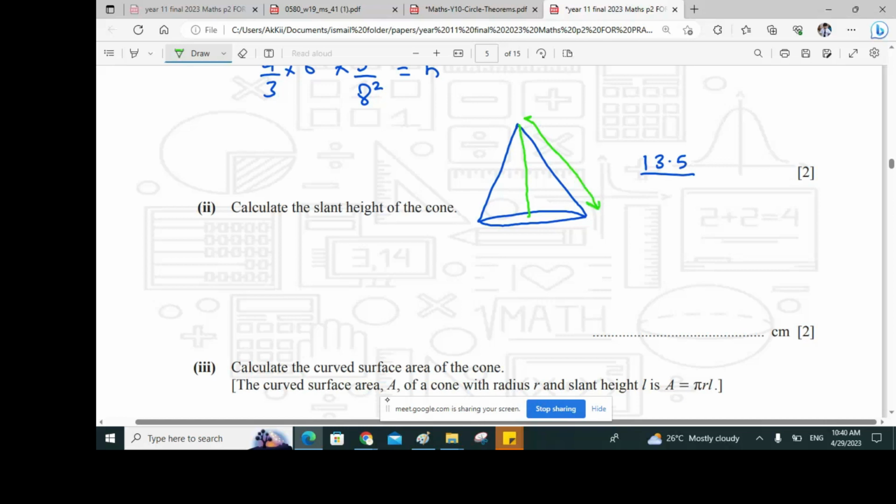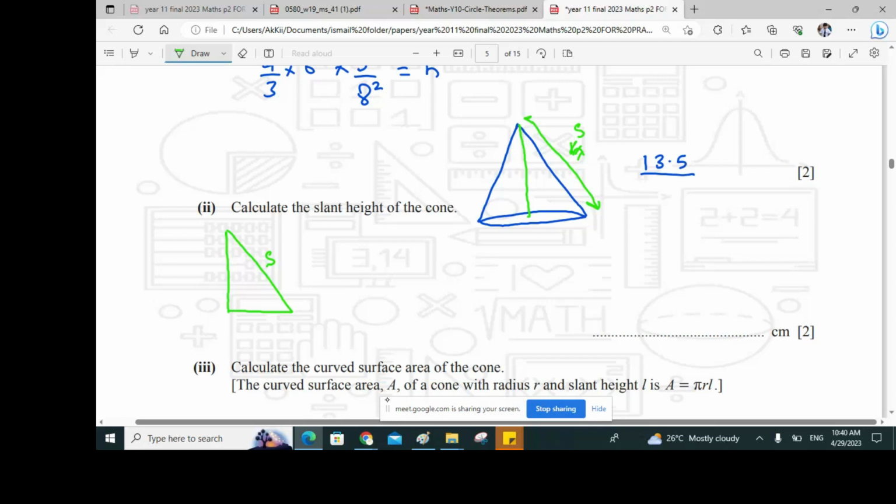Now if you just look at this diagram, you will simply see that it's a right angle forming here. This is the slant height, so let me not call it h, I'll call it s.